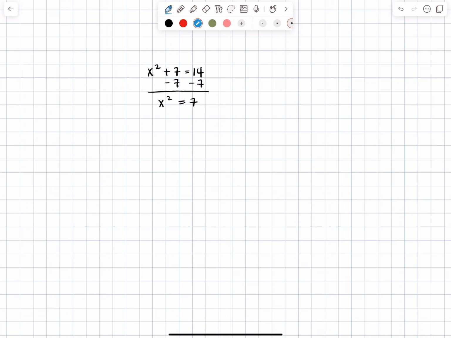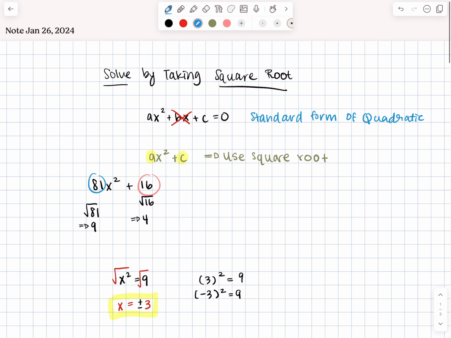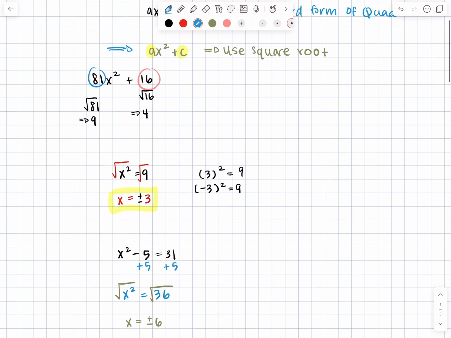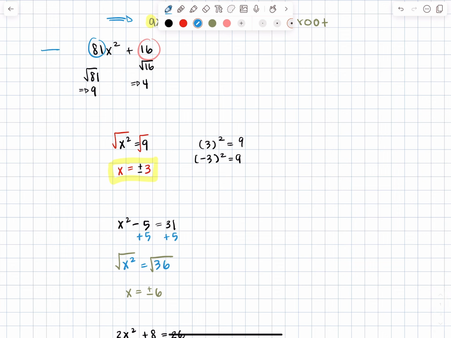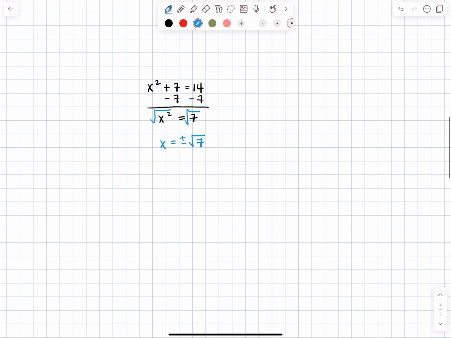To get rid of the squared, we square root both sides. We don't get a whole number from the root of 7, and that's okay because we're not trying to get a function for a graph. When we're looking at something like that, we're looking at a graph, whereas here we're solving for x, like we're solving for a number, not for a function.